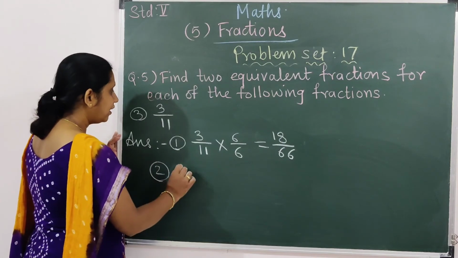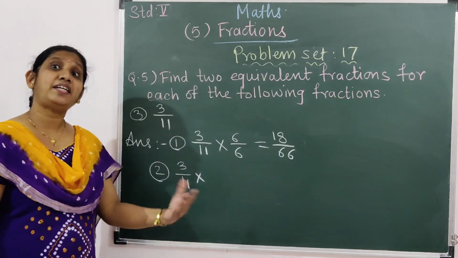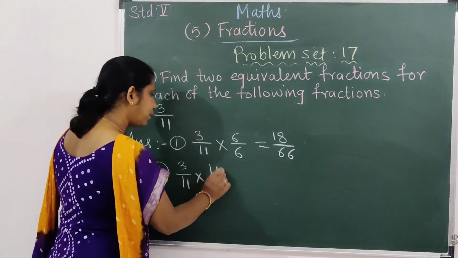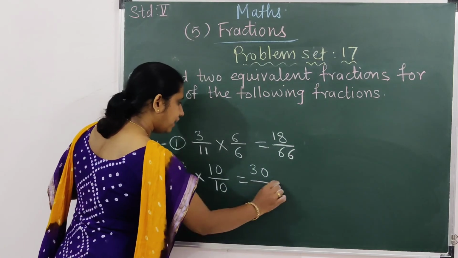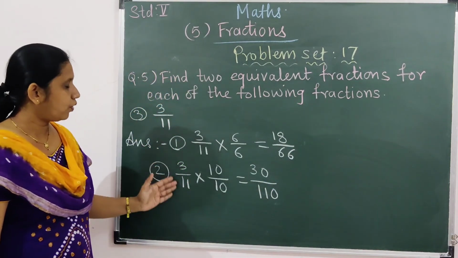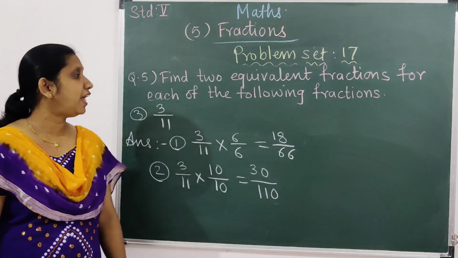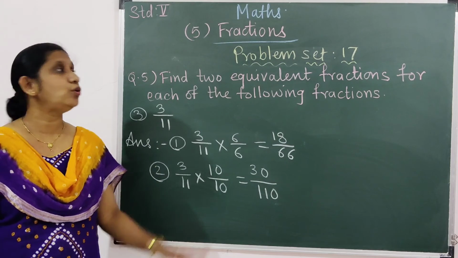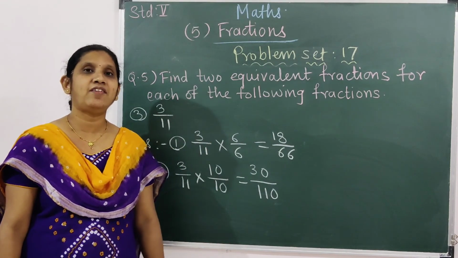Second one, 3 upon 11. Let me multiply it by 10. No problem. You can multiply using 10 also. 3 10s are 30, 11 10s are 110. So the equivalent fraction of 3 upon 11 is 30 upon 110. I hope you all must have understood this question also in detail, very clearly.